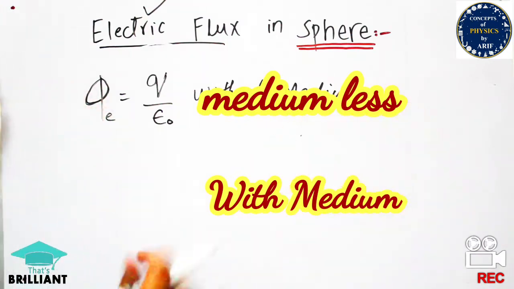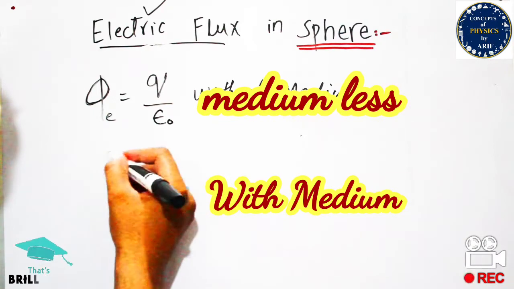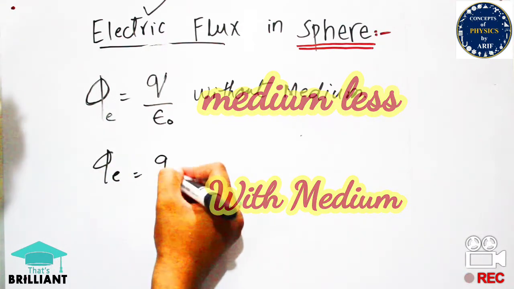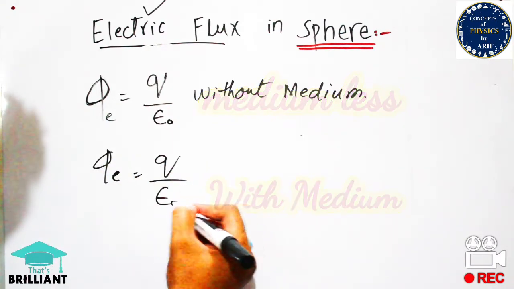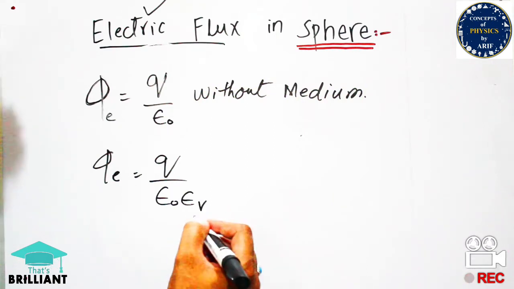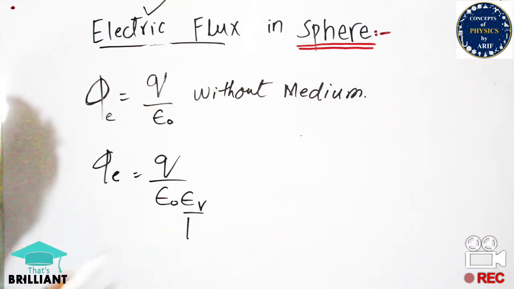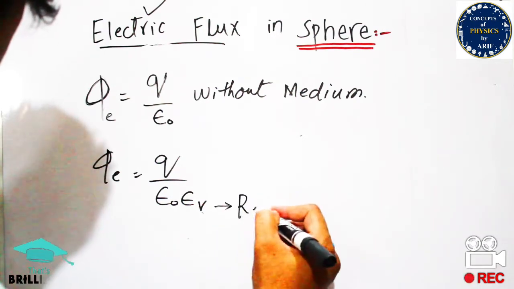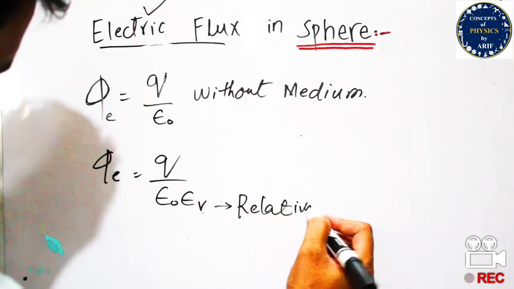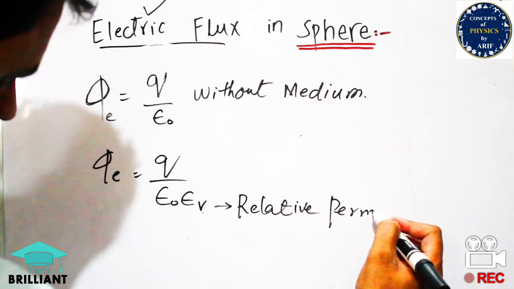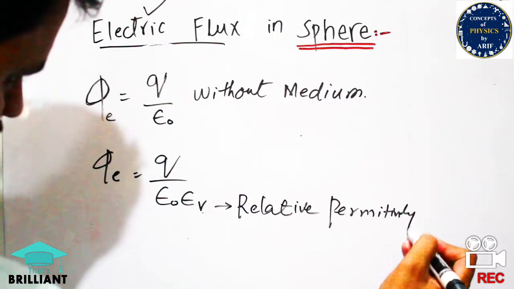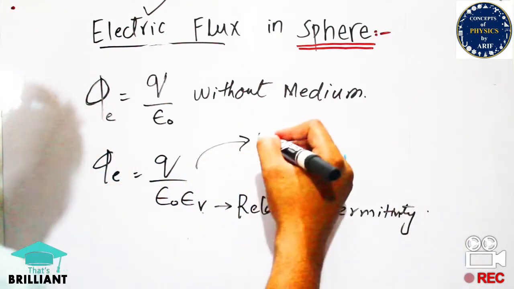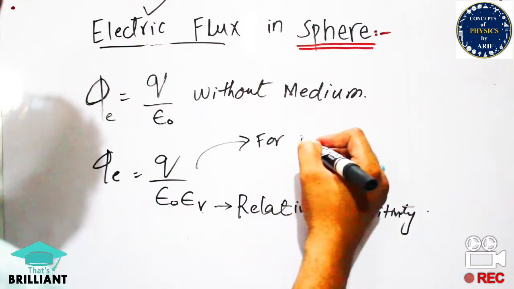But if we apply some medium, then what will be the value of flux? Either the value of flux will increase or decrease, it depends upon the medium also. So phi is equal to q over epsilon naught into epsilon r, which is known as relative permittivity. And this relative permittivity is different for every material or for different mediums.